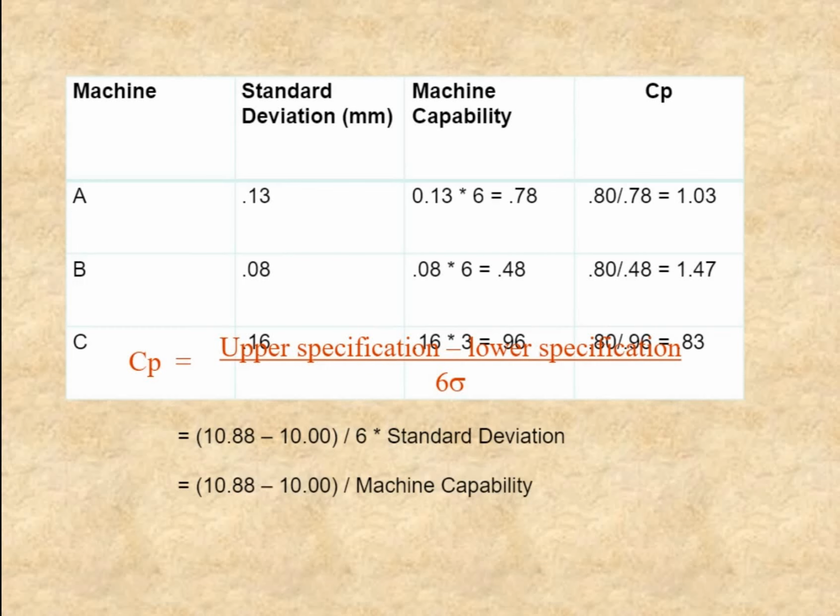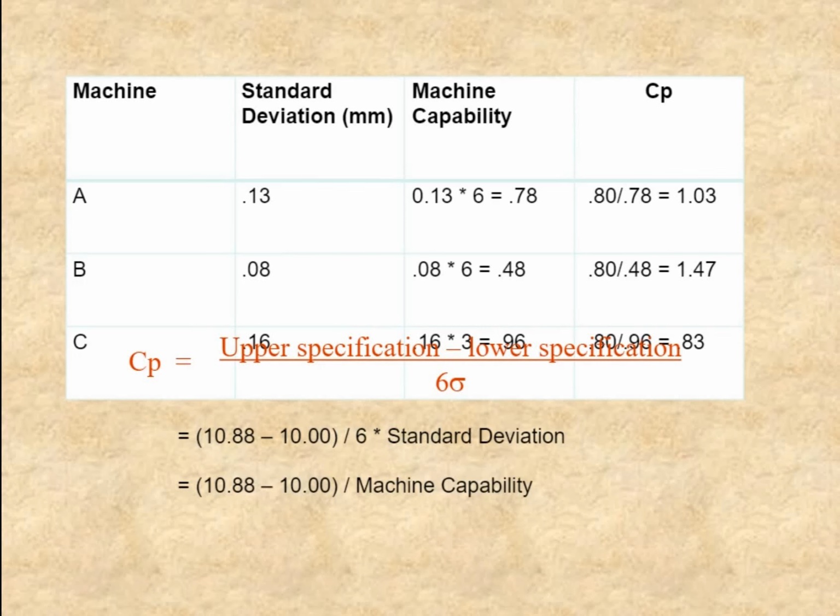Okay. B is 1.47, A is 1.03. Both of them are capable, but B has a bigger process capability. So 1.47 is bigger than 1.03. So machine B is the most consistent one, with the highest capability of the process.